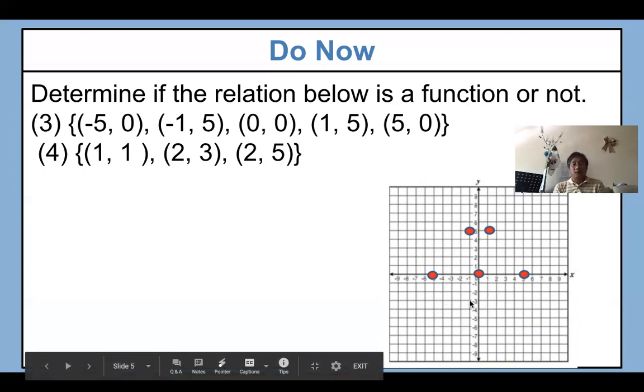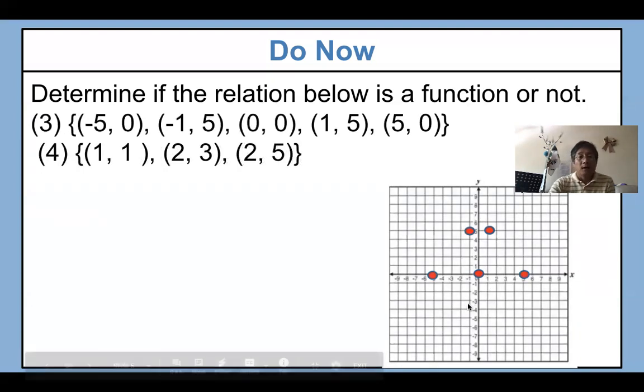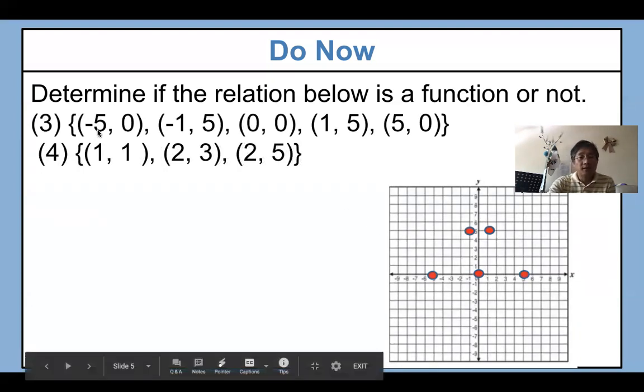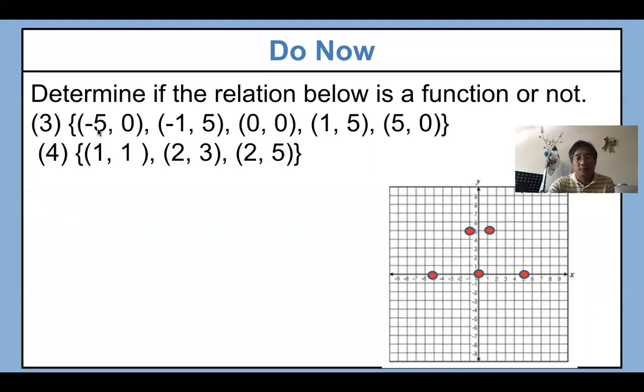So think about it in this case. We learned that the x value is the input value, right? Input. Let's think about a vending machine. If you want to get a Coke, you press the Coke button. When you press the Coke button, that's the input value.